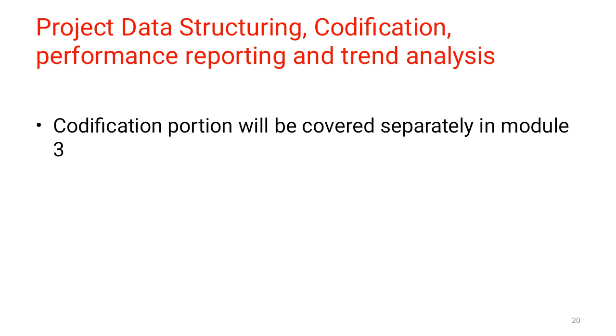Since this particular topic is covered in the second module, we'll look at it in that module. So I'm skipping the content related to codification. This is a very integral part of the project management information system, the codification.